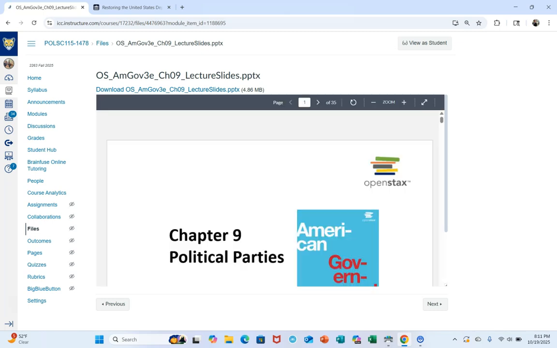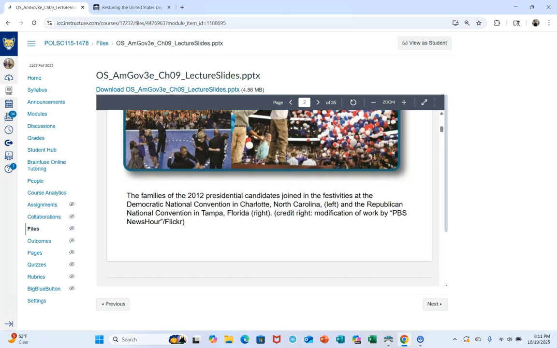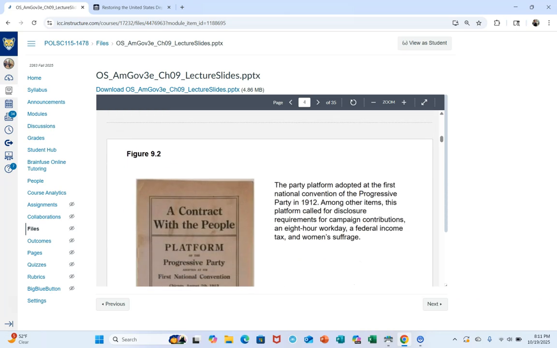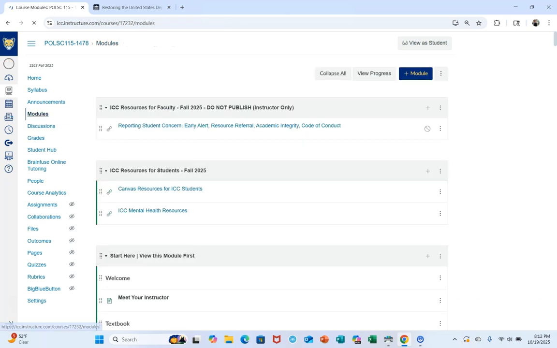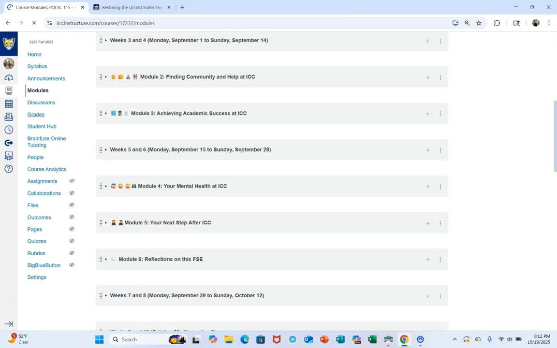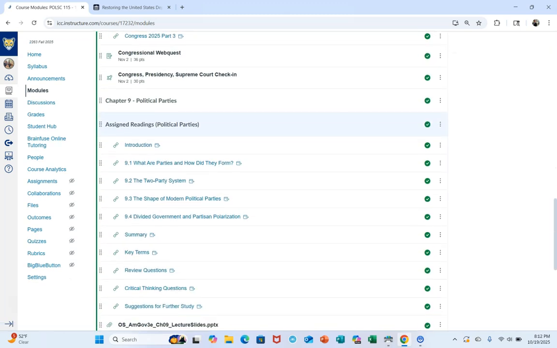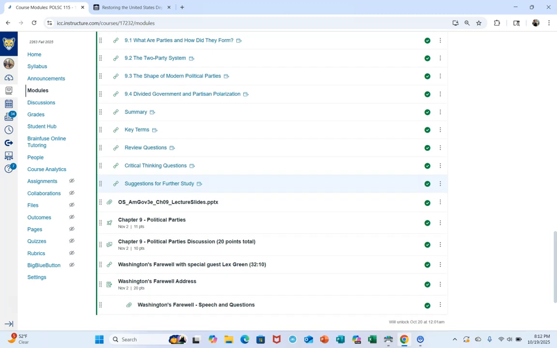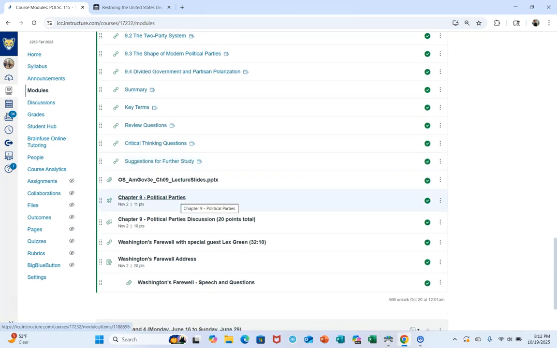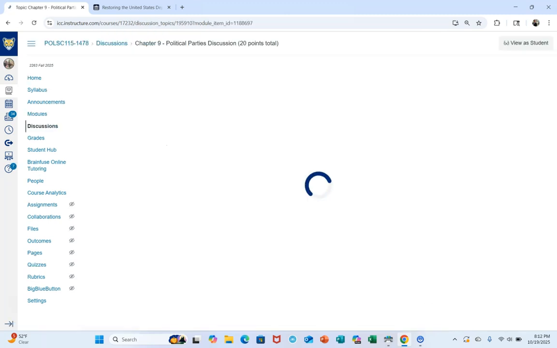Look through it. It's got good stuff. All right, on political parties, what they do. It's worth reviewing. Then your chapter test on political parties.